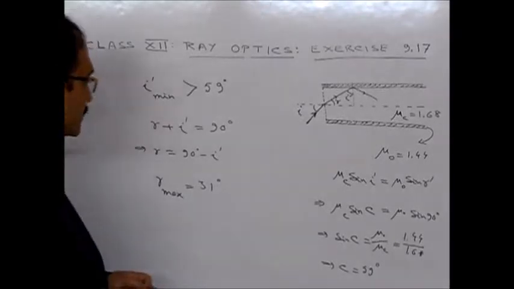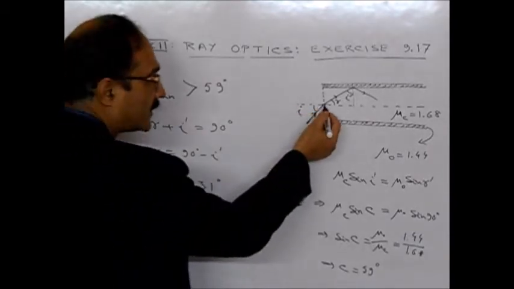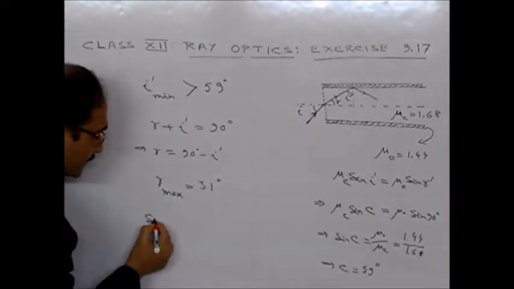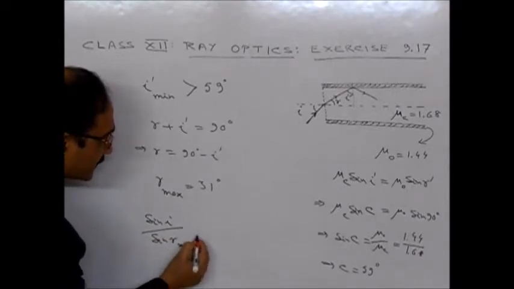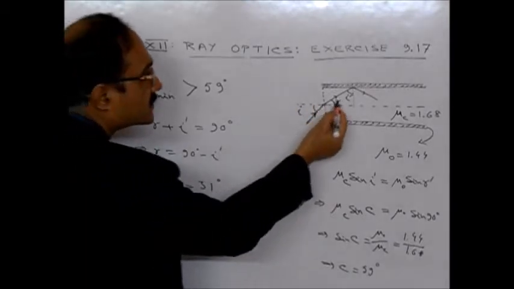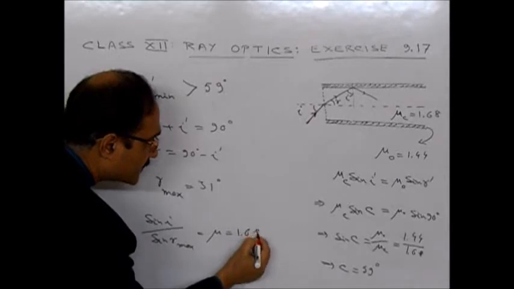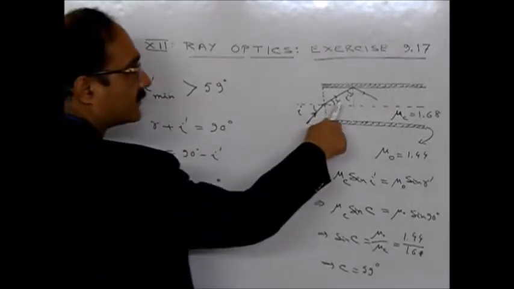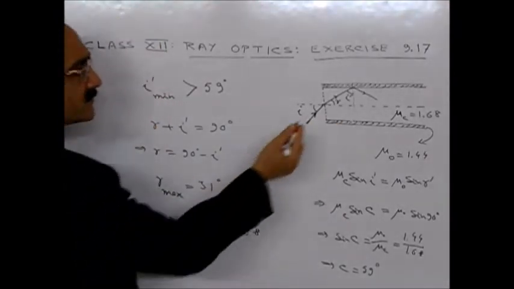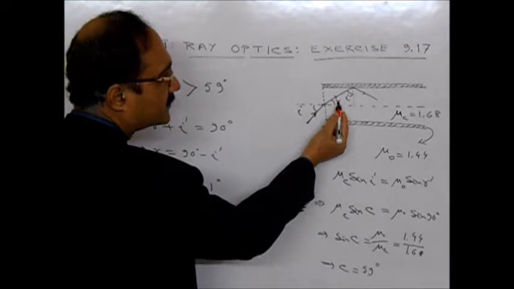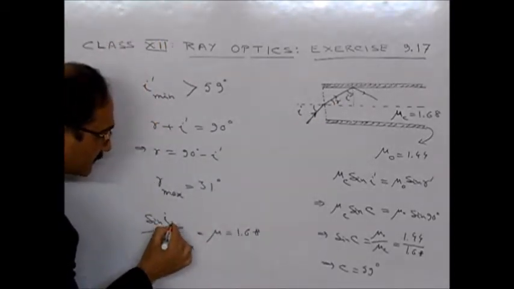Okay, so if the maximum value of R is 31 degrees, now we apply Snell's law here. So we have sine I divided by sine of R max equal to mu, the refractive index of the core, that is 1.68. Now when we have R max, here we have I max, because when the angle of refraction is maximum, obviously the angle of incidence will be maximum.